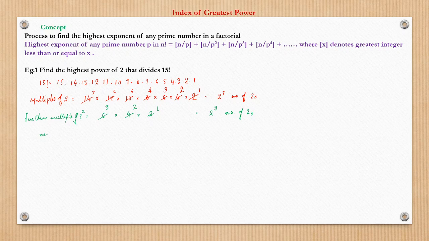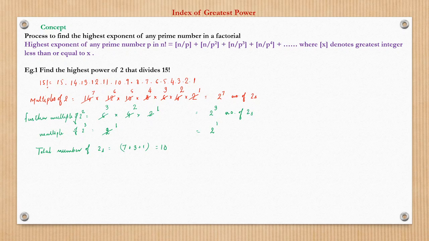And now the next multiple of 2 would be just another 1 two. What remains here is only just one 2, so I can take out 1 two. So here 2 raised to power 1. So the total number of 2's is nothing but 7 plus 3 plus 1, right, which is 10.